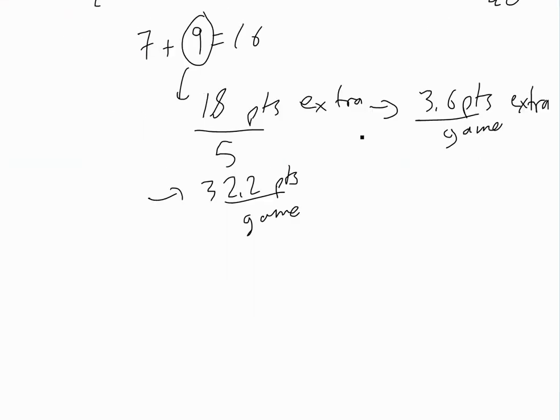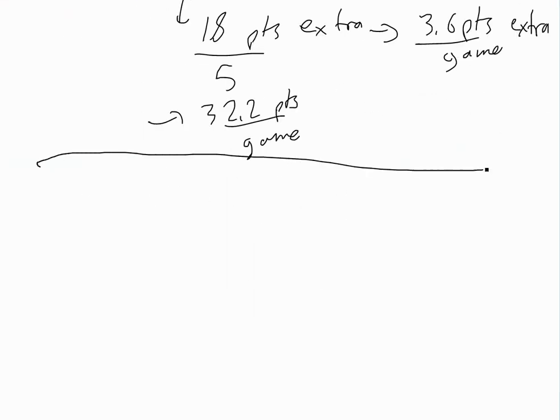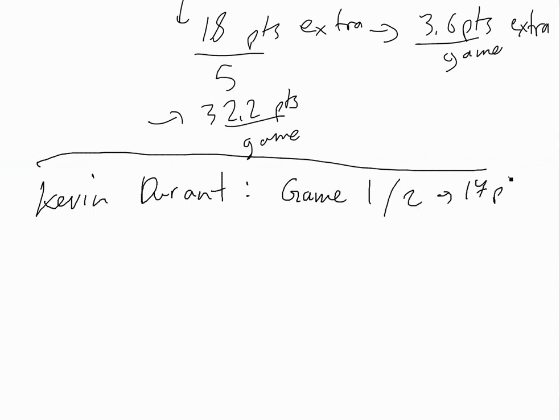But also interesting in the NBA Finals was Kevin Durant. In Game 1 and 2, he had 17 points in the fourth quarter of the first game and 16 points in the second. So this is Game 1 and 2, 17 and 16, all in the fourth quarters.